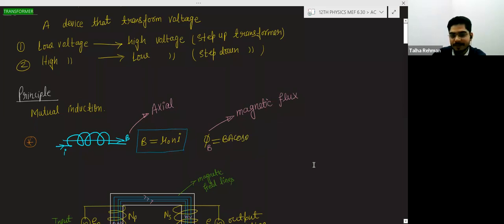Theta is the angle between the magnetic field and the area vector. This is the requirement for the study of the transformer, and you should know what mutual induction is also.